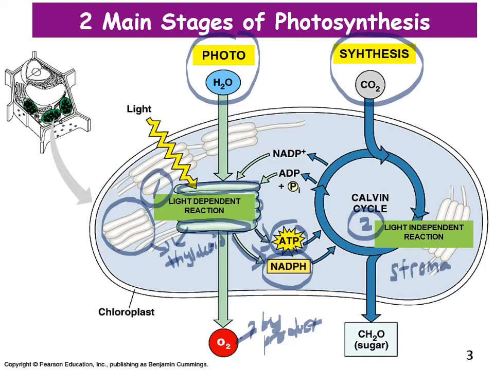So carbon dioxide is used to build up the sugars by using the products of the light dependent reaction, namely NADPH and also ATP. These two products are used in the light independent reaction.